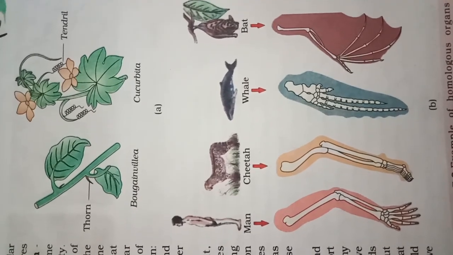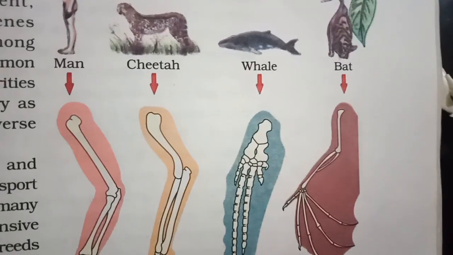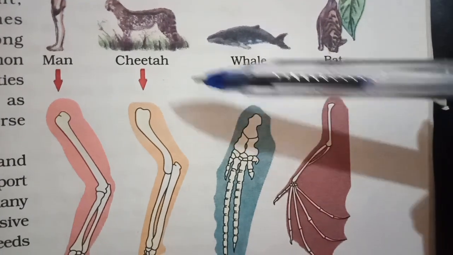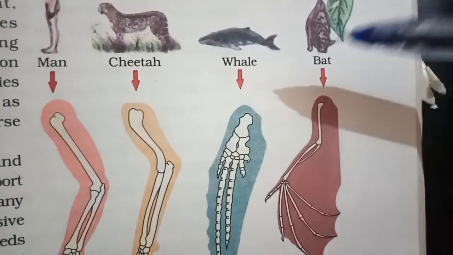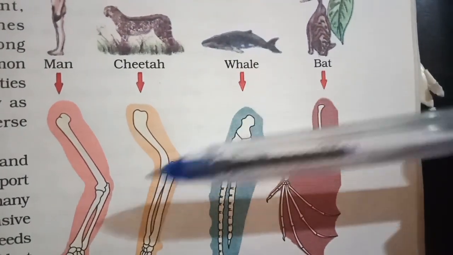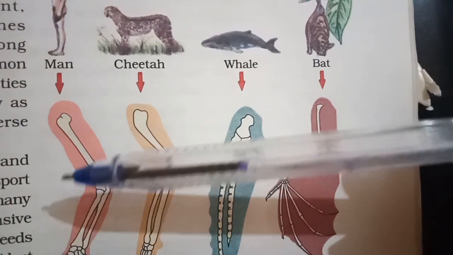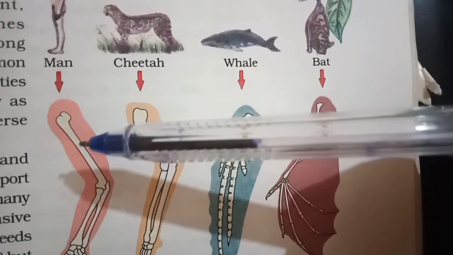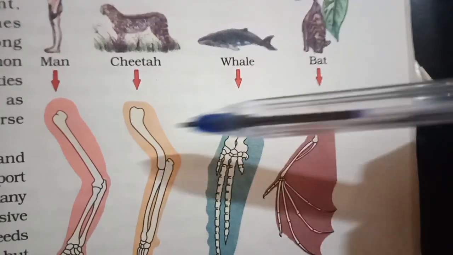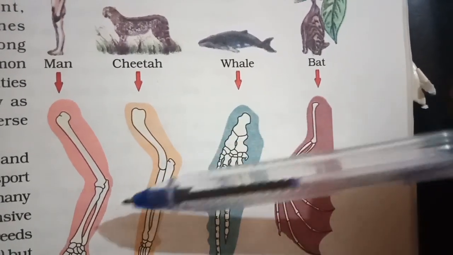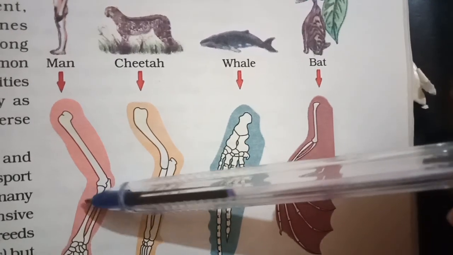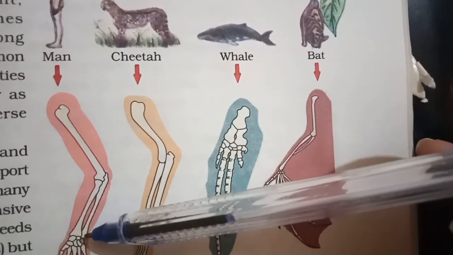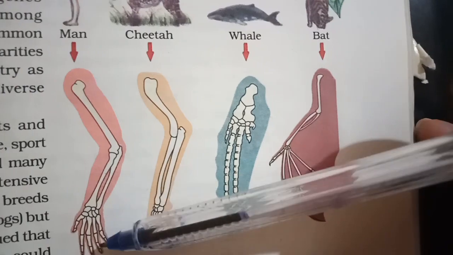The first example that we will take is the forelimbs of man, cheetah, whale and bat. Now you can see here that they have the same basic structure. How? All of them have the humerus region, then radius and ulna, and then carpals, then metacarpals, and then phalanges.